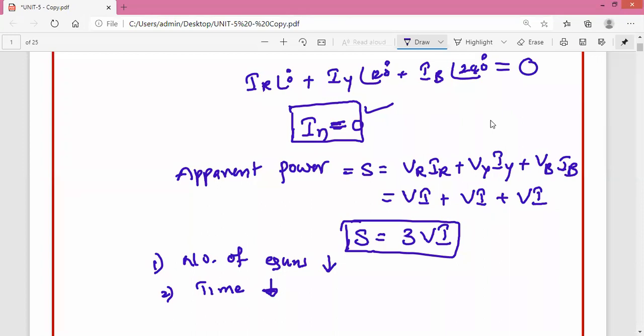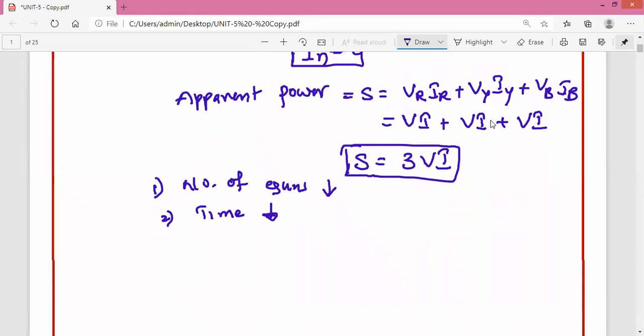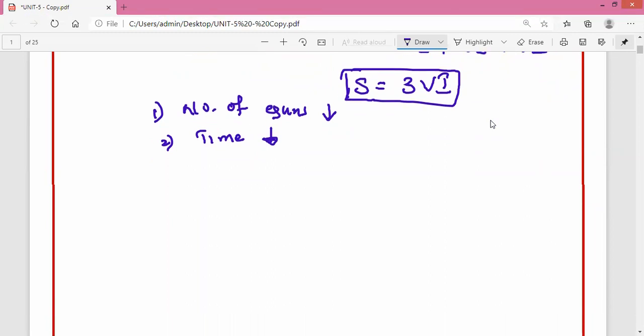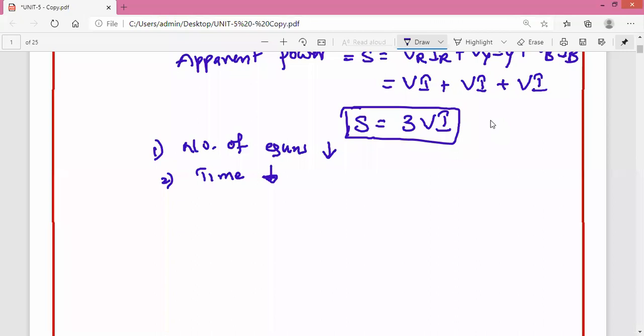Whenever the power system is under steady state condition, these balanced parameters will exist. These balanced parameters will become unbalanced whenever a fault takes place in the power system.